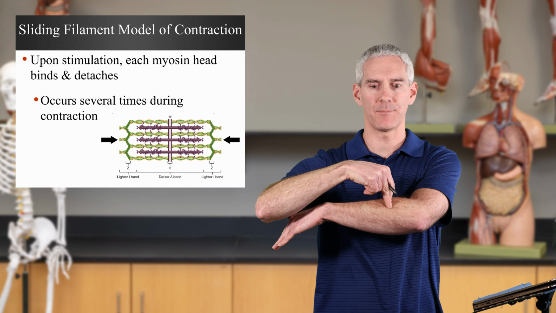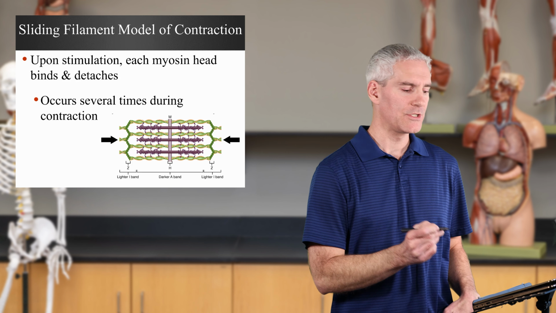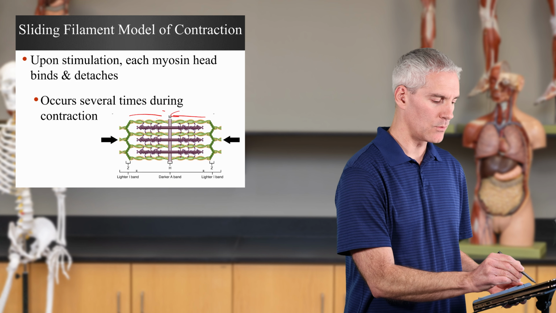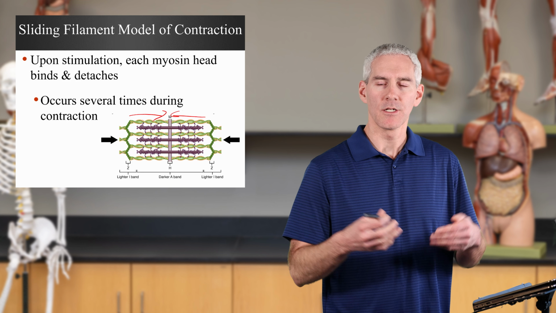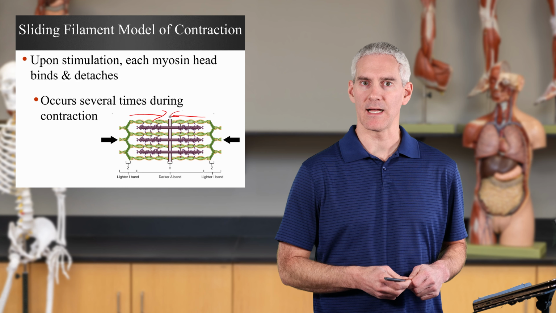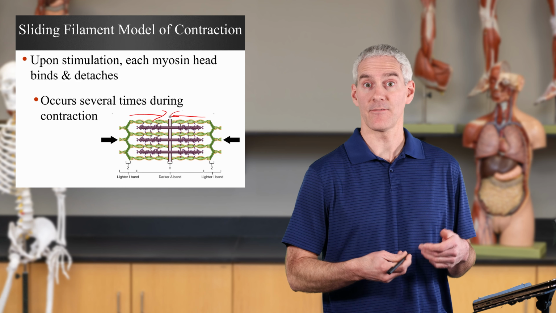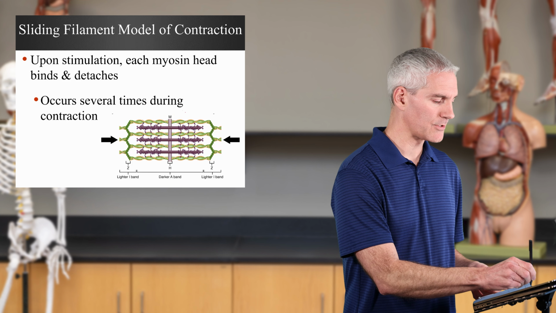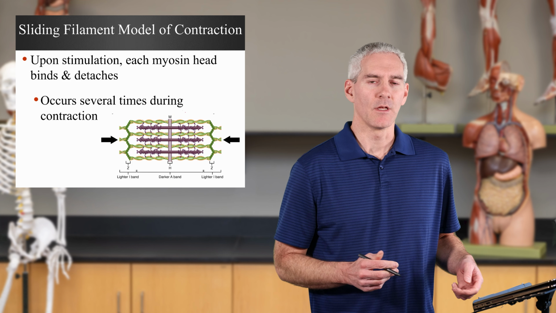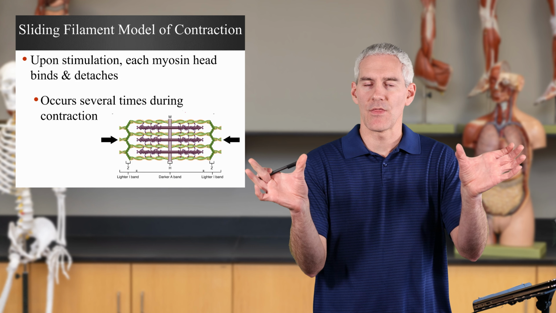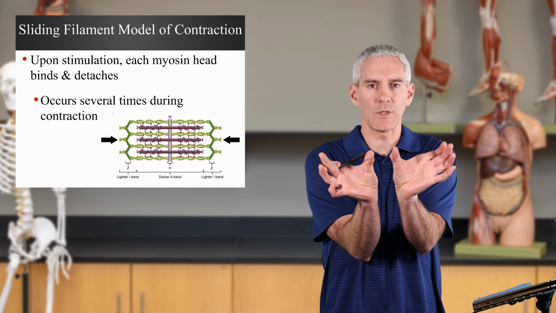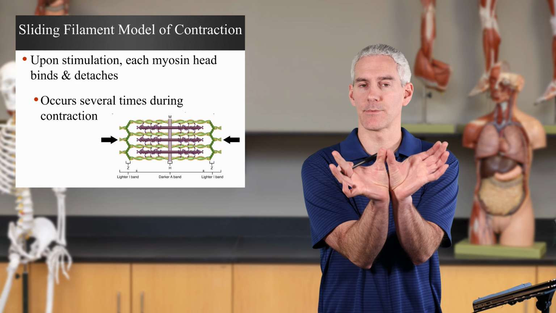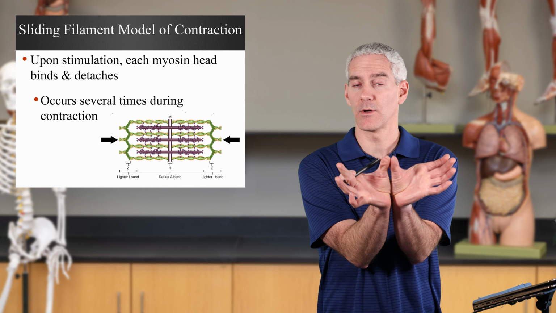Bind and pull, bind and pull. What they're doing is they're causing these thin filaments to move towards the middle, towards that middle line, that H zone, and basically fill up the H zone because there's no longer an H zone present there. So as the muscle contracts, those thin filaments are pulled towards the middle of the sarcomere until they touch. That's the maximum contraction for that sarcomere. Can't go any further.